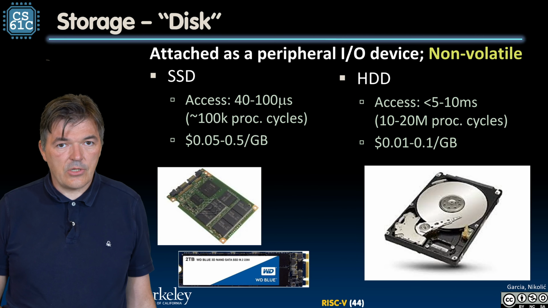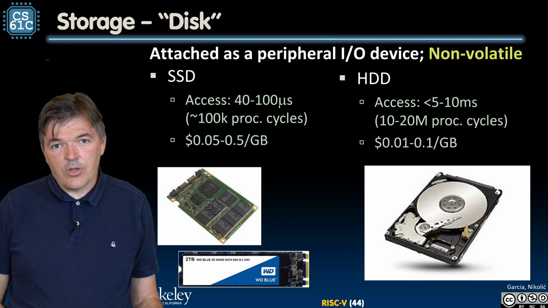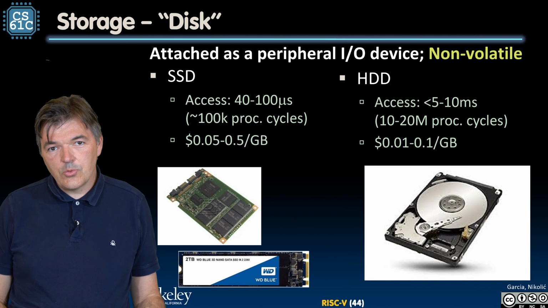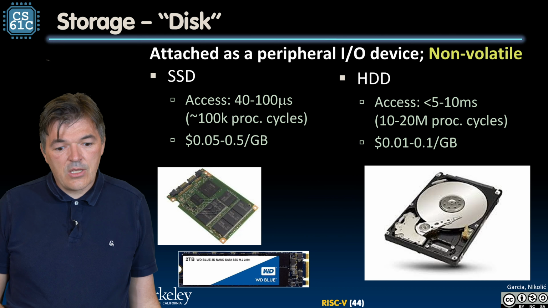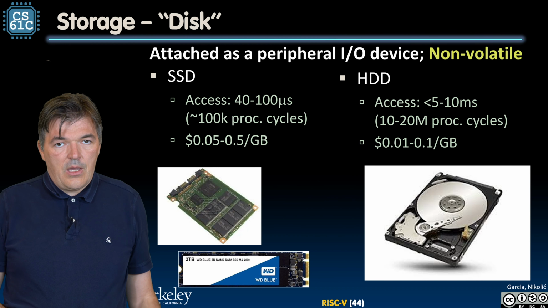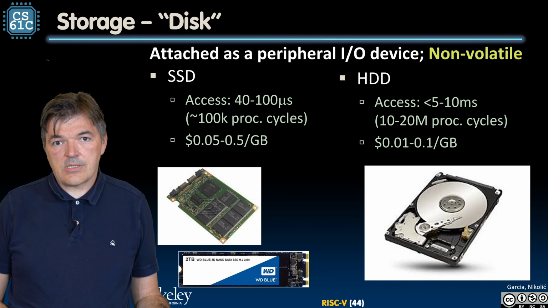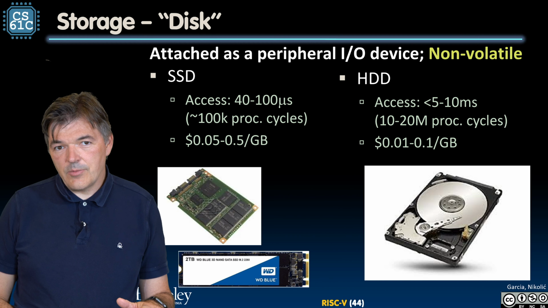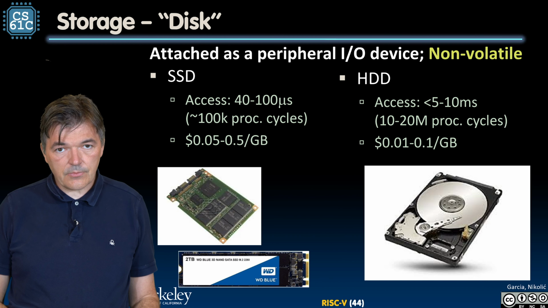Let's get into the storage. Storage is what we typically call the disk. There are two types of disks that we will encounter: solid-state disks and hard disk drives. They're both attached as a peripheral I/O device using some of the principles that we have outlined, but we're going to discuss more in a couple of lectures.